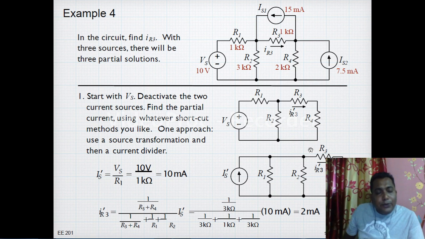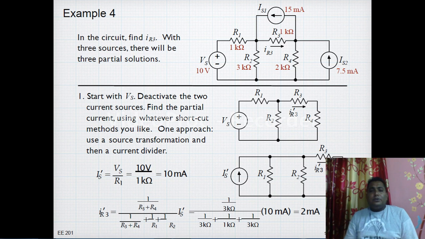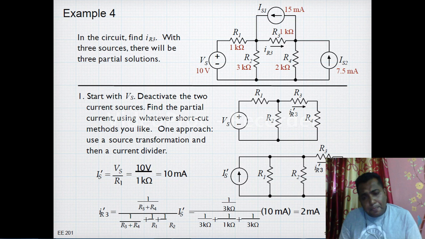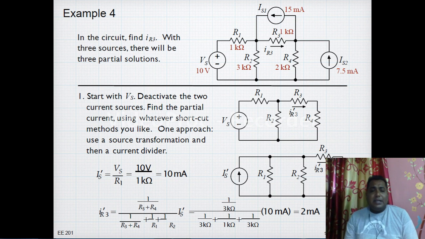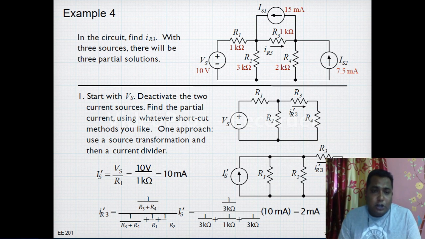We actually do this for the simplicity of the circuit calculation. The main aim of this source transformation, from voltage to current or current to voltage, is simpler calculation and better understanding of the circuit. But remember, the properties of the circuit should not be changed.